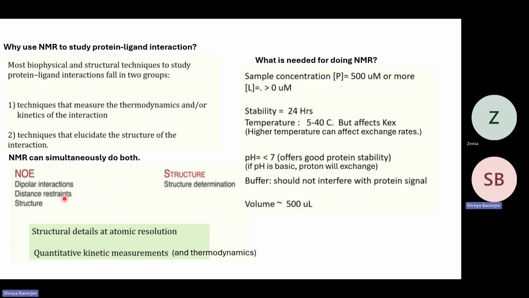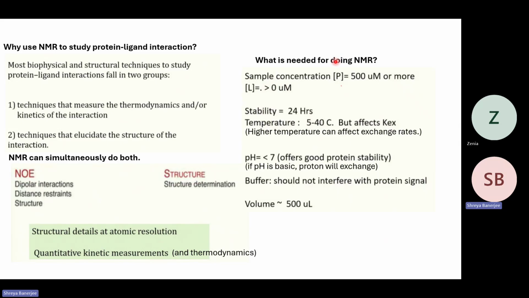And using the distance constraints in an energy optimization algorithm like the Tandy algorithm, we can get the minimum energy structure. So from NMR, we can determine the structure, and we can also determine the thermodynamics or kinetics quantitatively. We have not looked into that much, but it can be done. And the structural details we get are at atomic resolution, since NMR is due to the nuclei.